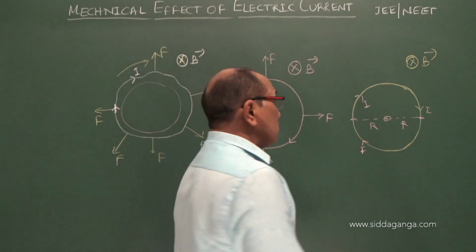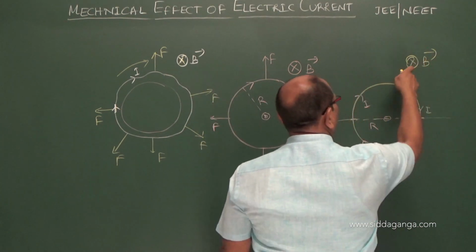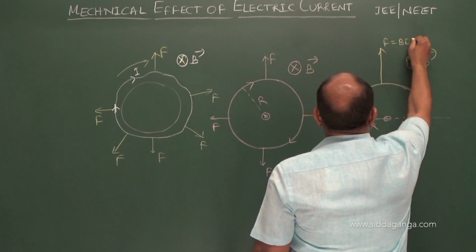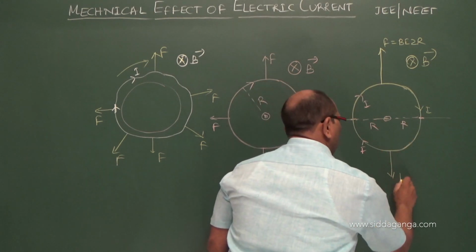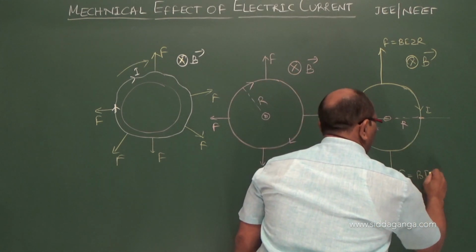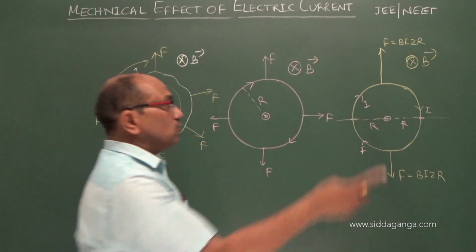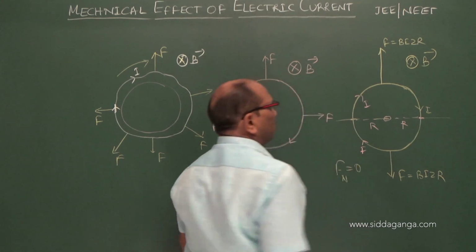The force on the upper half, with the magnetic field into the board, is upward, F equal to BiR. The force on the downward half is outward, F equal to BiR. So the net force on the loop is 0.